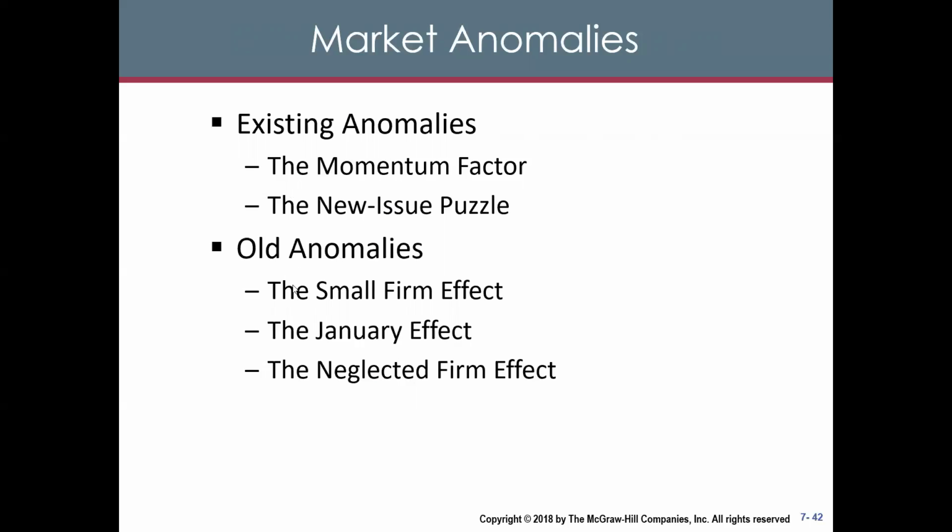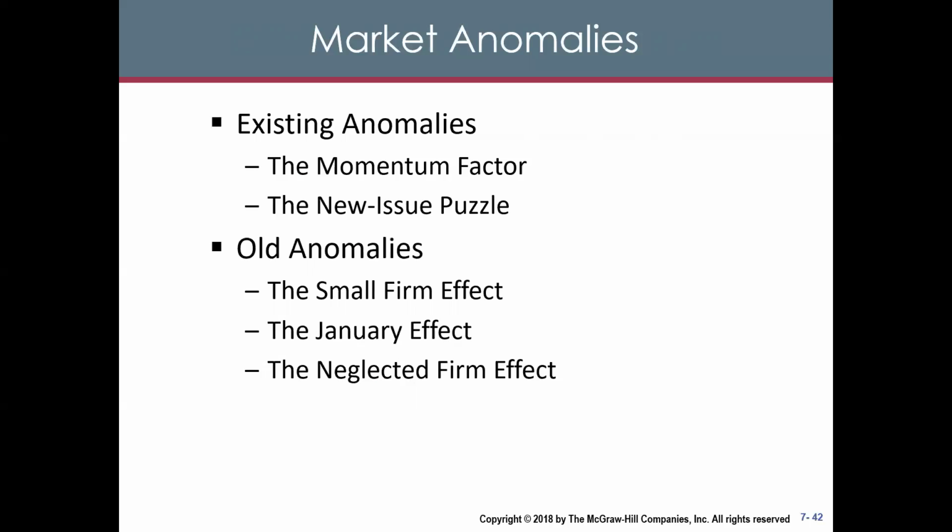There are some older anomalies that were found before, but they are no longer anomalies right now. One is the small firm effect, saying small companies have a higher return compared to large ones. There's also the January effect, saying the stock price generally has a dip in December, and then goes back up again in January.